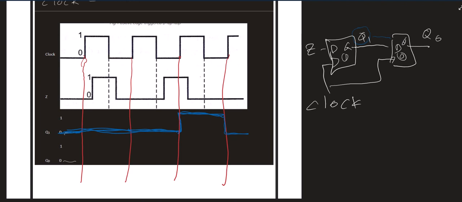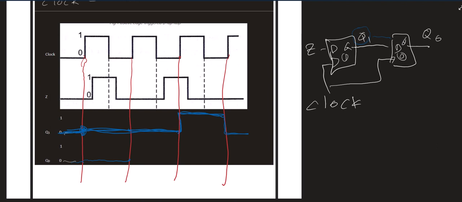So when we look at Q0, when we get to this first positive edge, it's going to look at what Q1 was the time before, and it was 0, so it'll be 0. Now when I get to this edge, it's going to follow what Q1 was here.